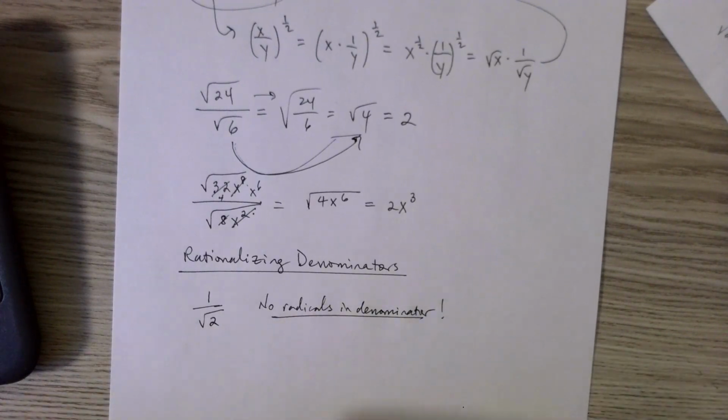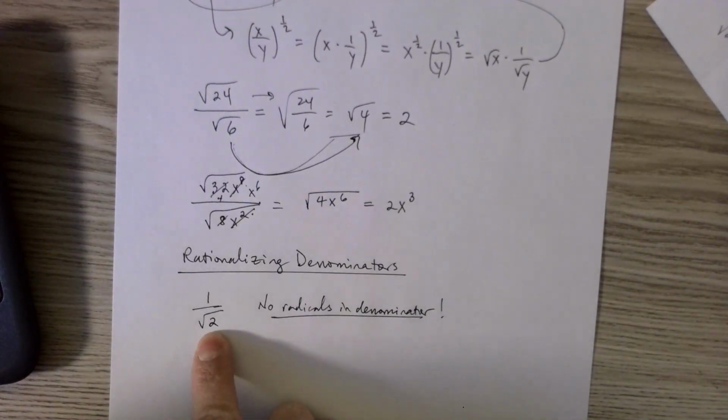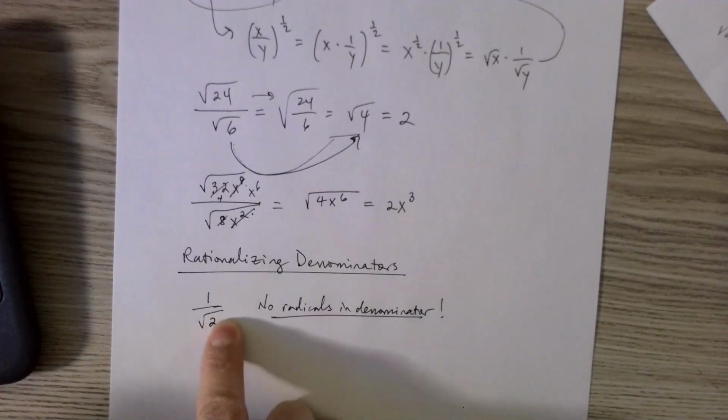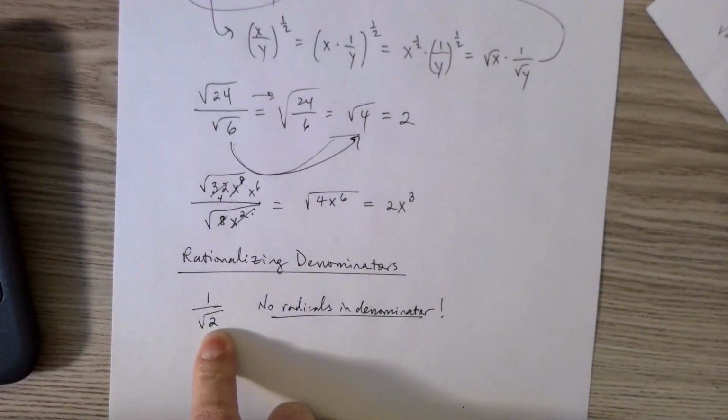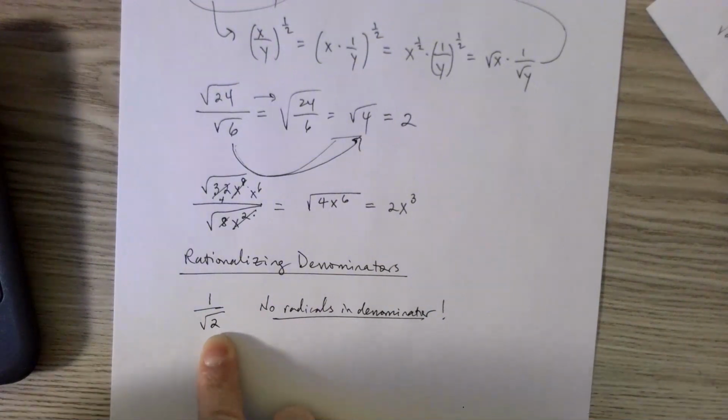Something we have to do to this fraction makes that denominator non-radical, not irrational. A rad of some number that's not a perfect square is called an irrational number. It is not rational. We want that denominator to be rational, to be an integer or some fraction like 2/3. We just don't want it to be a radical.